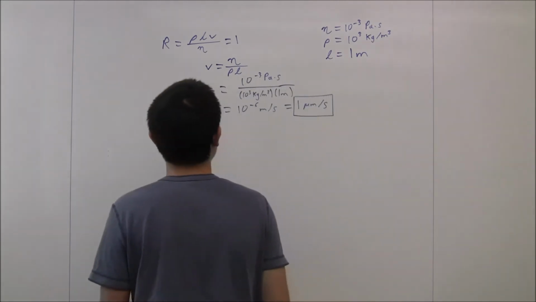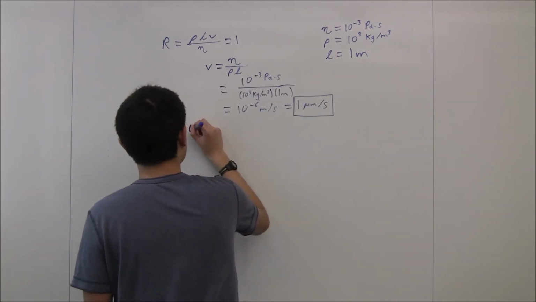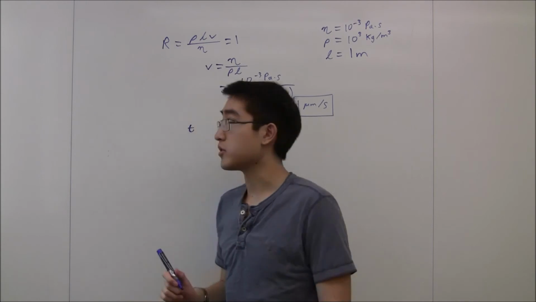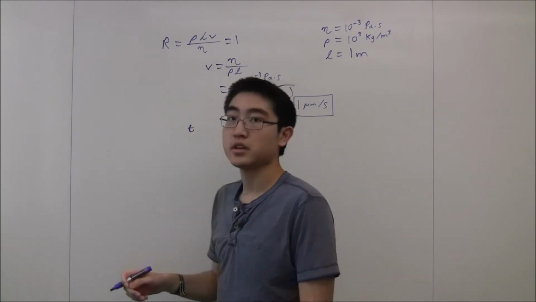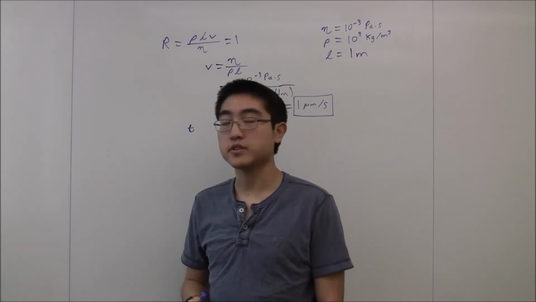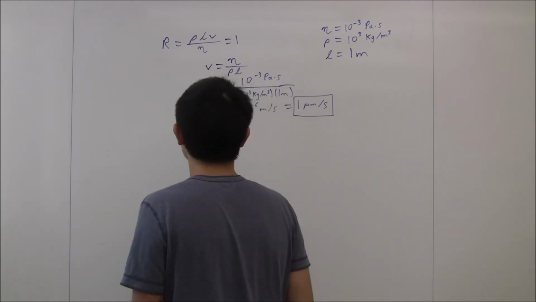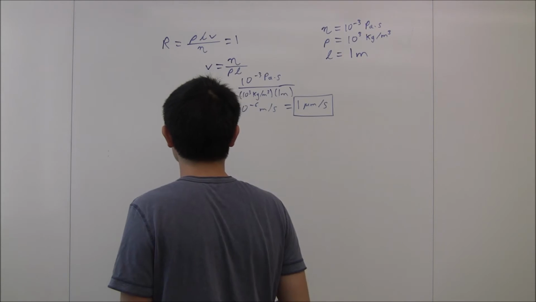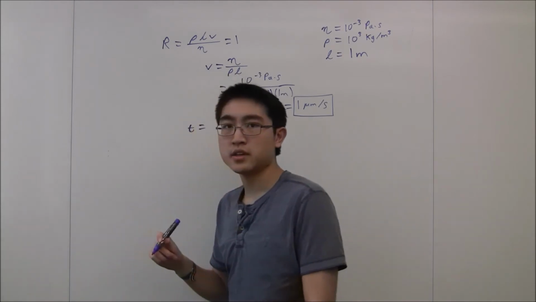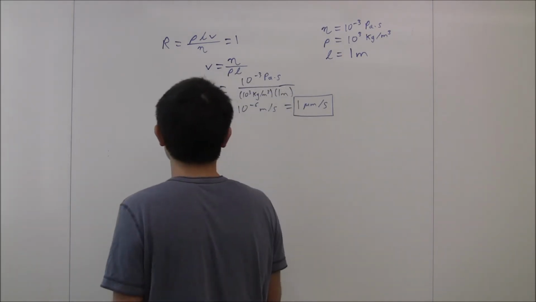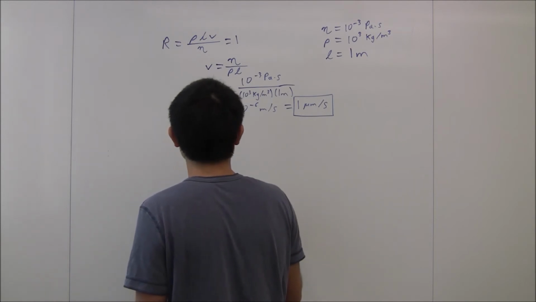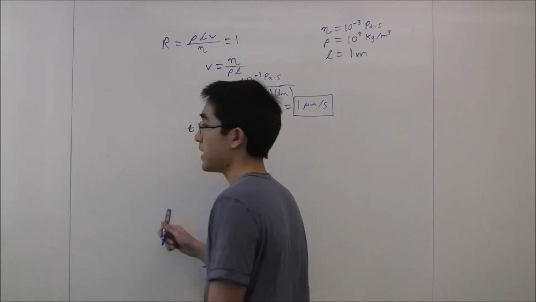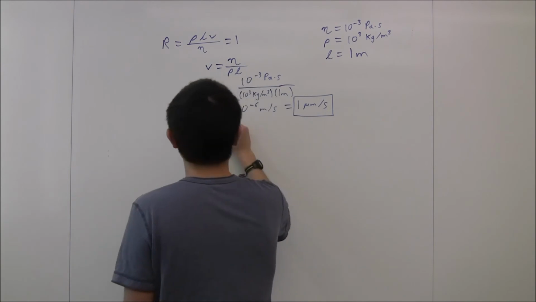Now, to figure out the time it'll take for the person swimming at this speed to swim 50 meters, we're going to have to remember our kinematic equations. So for constant velocity, the time it takes to travel a distance of 50 meters is going to be given by the distance divided by the speed.